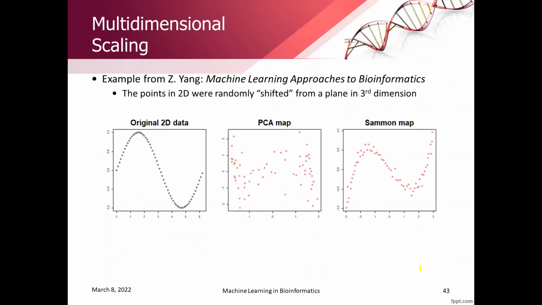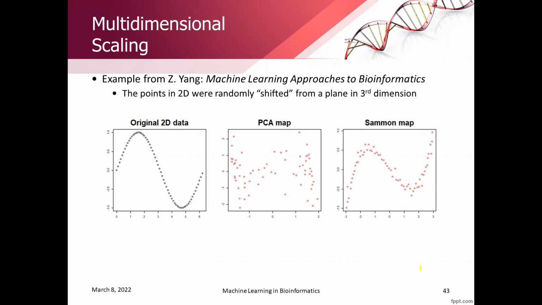What could we obtain? Here I have three plots. The first plot is actually a view on three-dimensional data. So you easily recognize the function in the first plot. Which function is that? Sine.